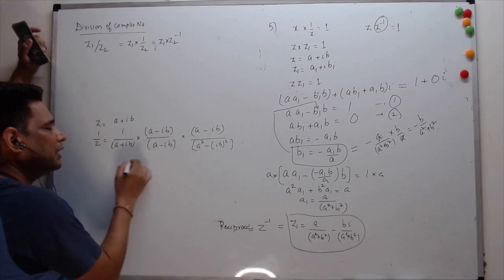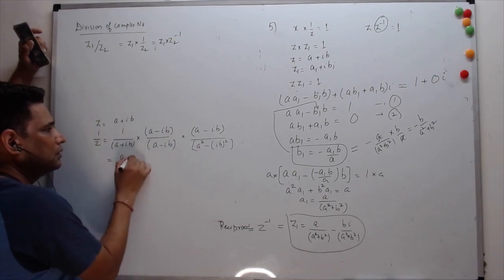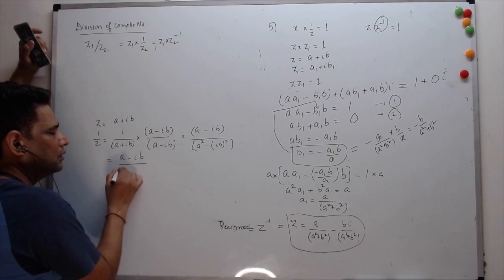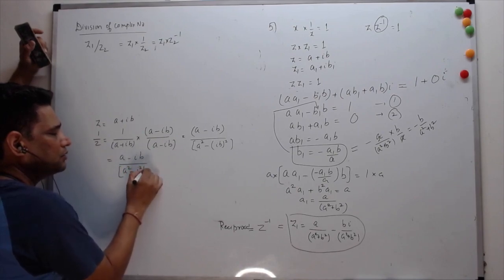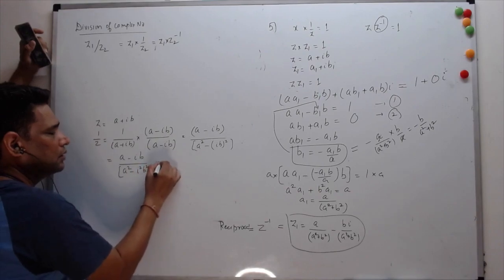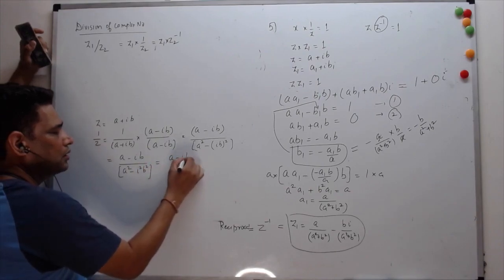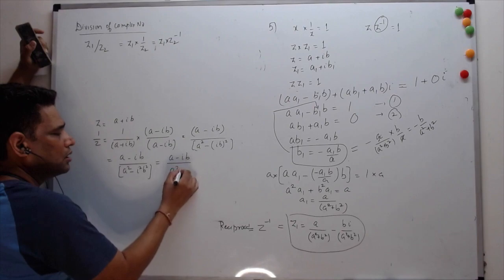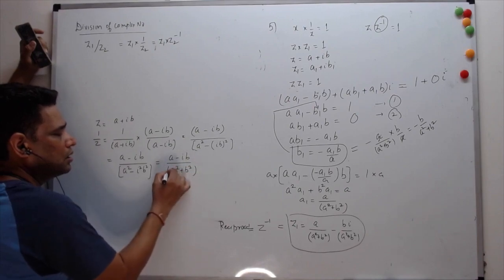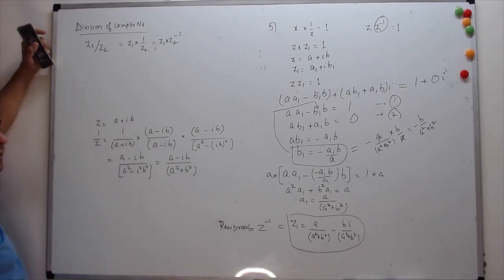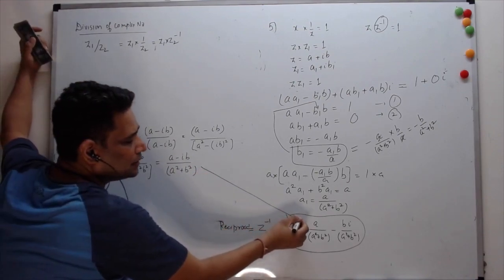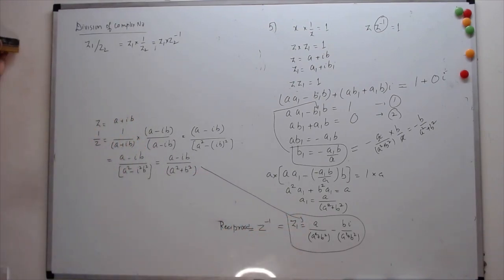And if you do that, what will you get? Minus I square b square. Isn't it? And that's exactly the same value over here.